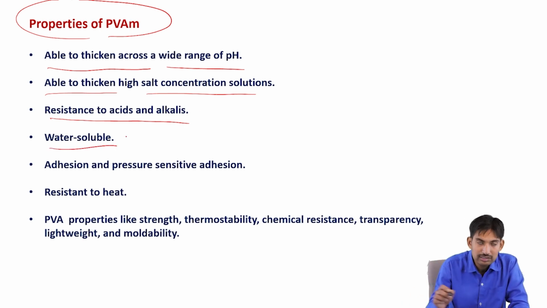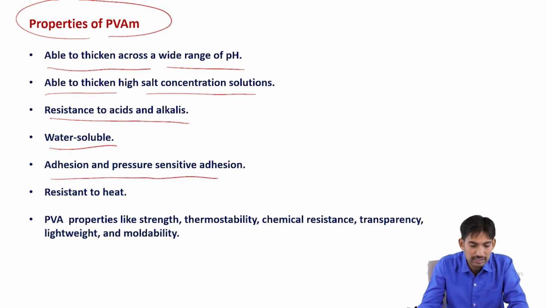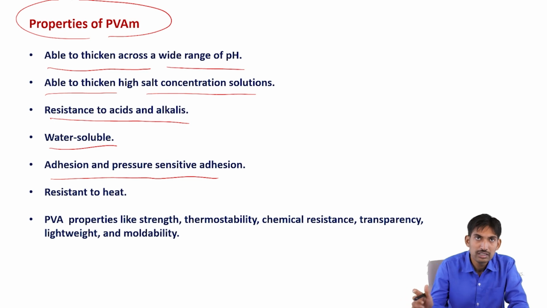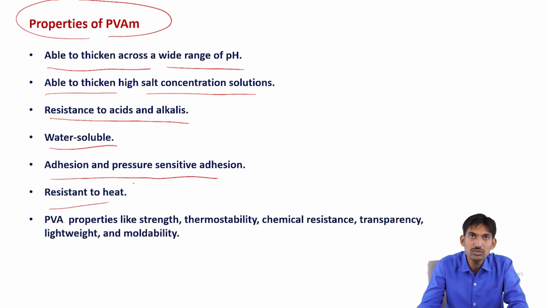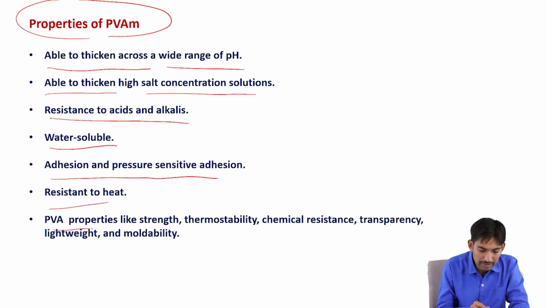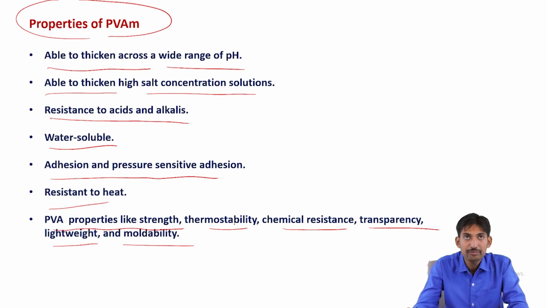It is water soluble, with adhesion and pressure sensitive adhesion. It is resistant to heat. The polyvinyl amide properties include strength, thermostability, chemical resistance, transparency, lightweight, and moldability. These are the properties of polyvinyl amide.